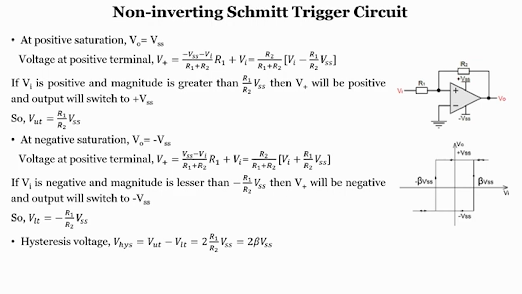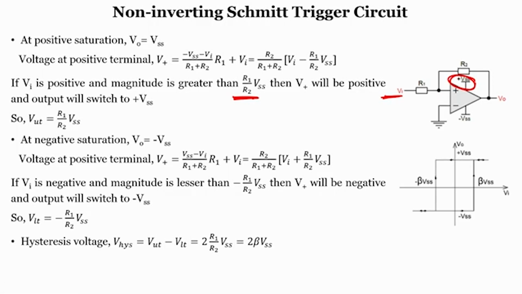So, we have V plus equals ((minus VSS minus V_I) divided by (R1 plus R2)) into R1 plus V_I, which is equal to R2 / (R1 + R2) in brackets (V_I minus R1/R2 VSS). If V_I, the input voltage, is positive and its magnitude is greater than R1/R2 VSS, then V plus will be positive and output will switch to plus VSS.